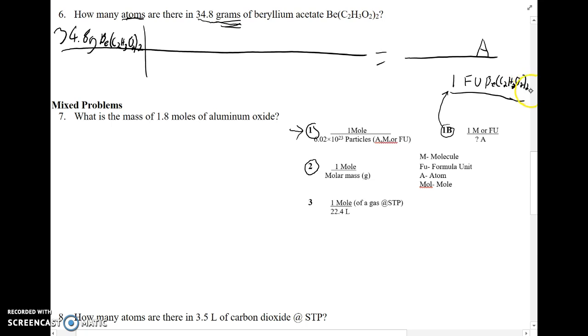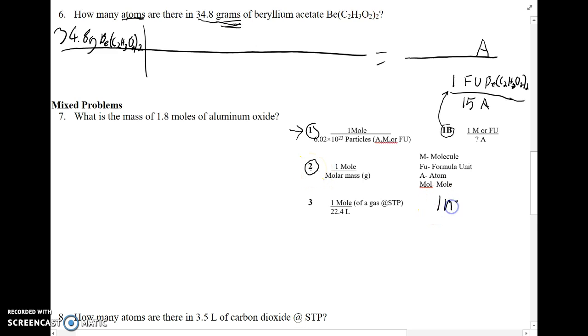Again, this 2 is going to distribute, so I have 2 times 2 is 4 carbon atoms, 2 times 3 is 6 hydrogen atoms, 2 times 2 is 4 oxygen atoms, and 1 beryllium atom. So that is 15 atoms in 1 formula unit of beryllium acetate. I want to have that written down so I can refer to it later.